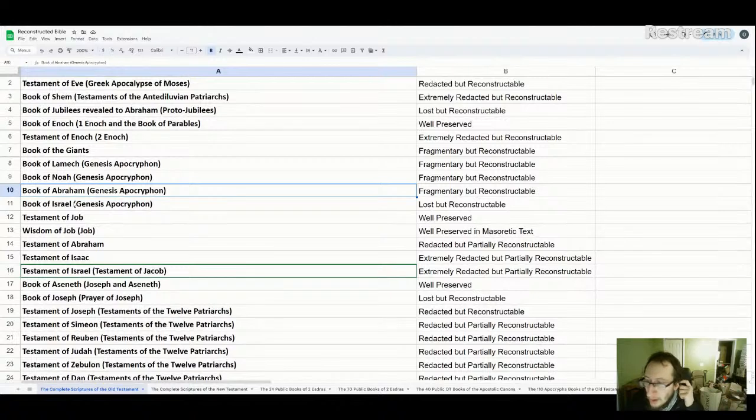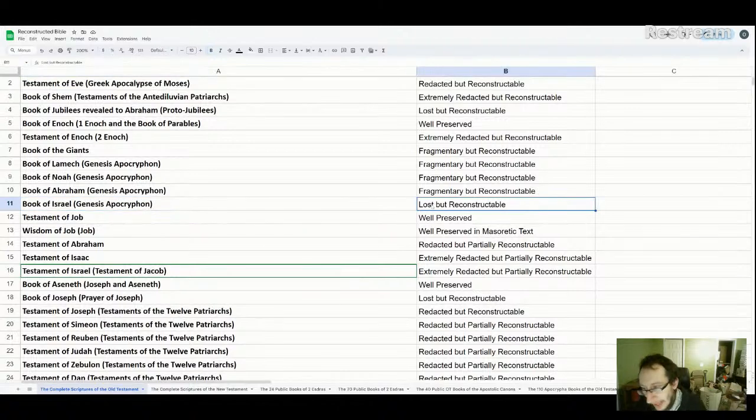Okay, so for Book of Israel or Book of Jacob, we don't have any fragments of it from the Dead Sea Scrolls, unfortunately. But like I said, we do have the Ladder of Jacob. We have a couple quotes or fragments or summaries of stories about Jacob that probably are from the Book of Jacob. But like we said, we have Genesis, we have Jubilees, so we can reconstruct the Book of Jacob pretty well as well.